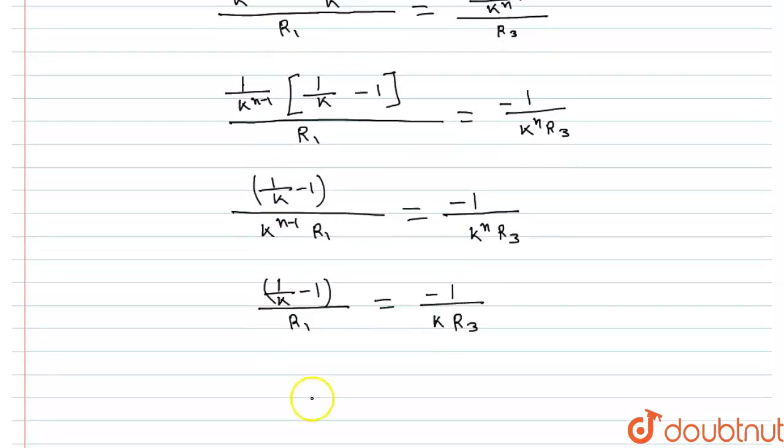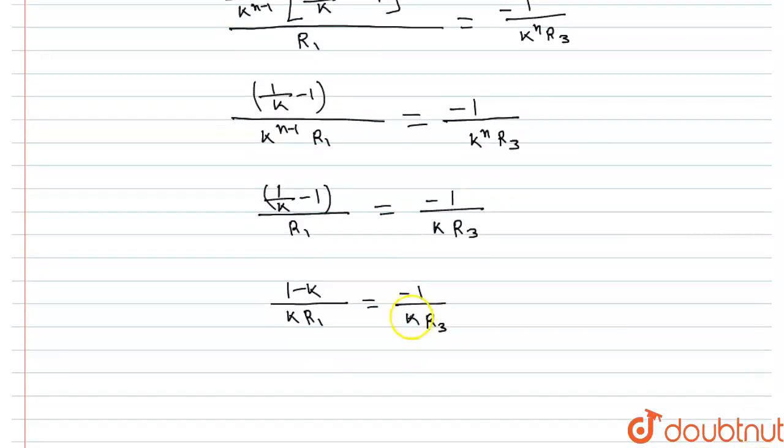Now from here we can see that this is equal to 1 minus k divided by k into R1 is equal to minus 1 and this is equal to k into R3. So from here we can see that this k and k cancel out to each other.